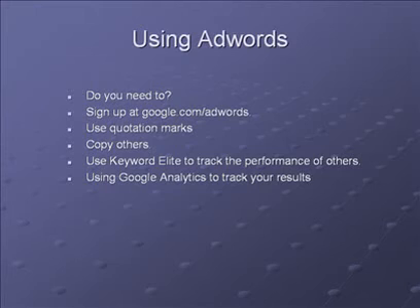Next thing is use Keyword Elite. Actually, this kind of piggybacks off the previous point. Use Keyword Elite to track the performance of others. Keyword Elite is another great product, also produced by Brad Callen, the same guy who did SEO Elite. Among the many things this program does, it allows you to track certain people who have Google AdWords for certain keywords.